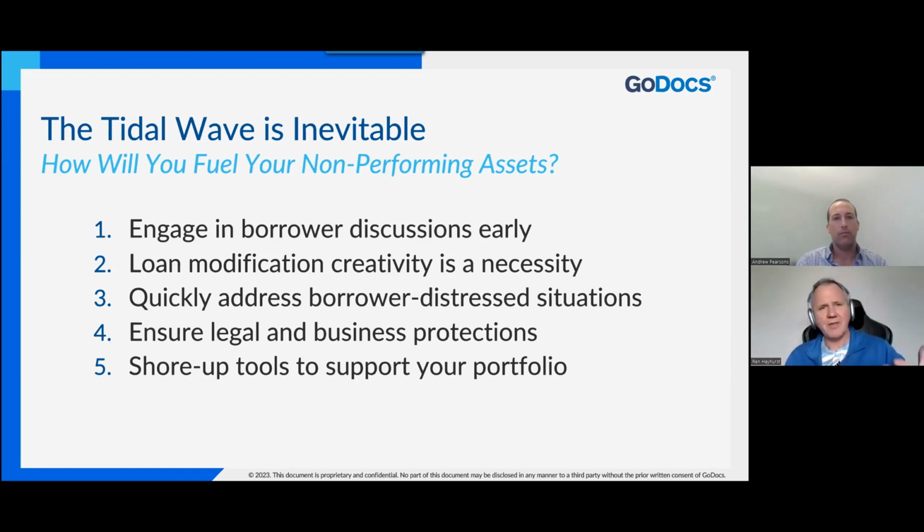So one thing that we have automated is what's known as the default letter / pre-negotiation letter. And that is really a very powerful tool, because if you do want to engage with your borrower in discussions, and if you want to talk to them very candidly and encourage them to do the same with you, this pre-negotiation letter sets up ground rules.